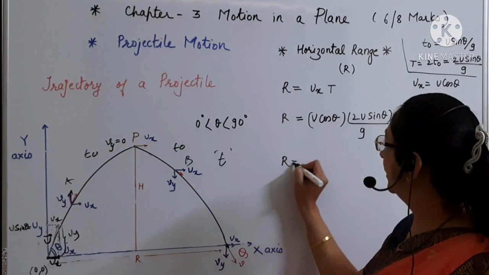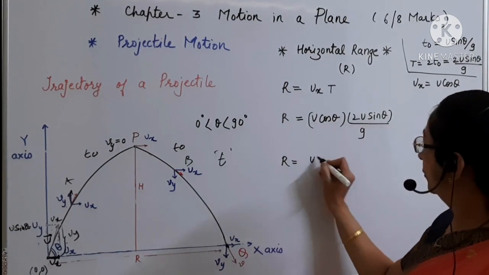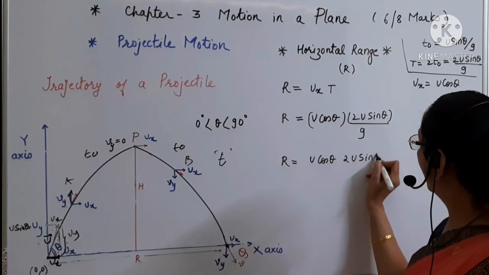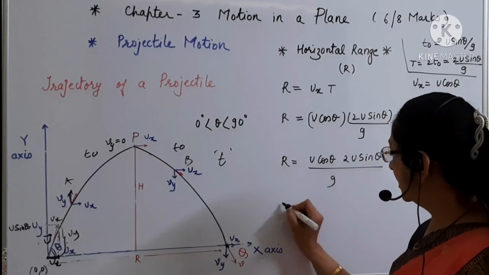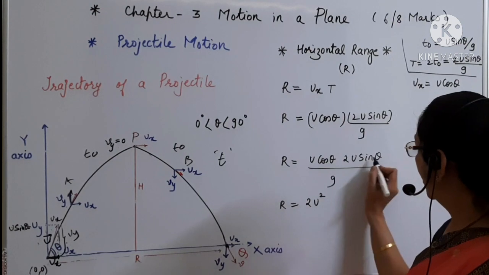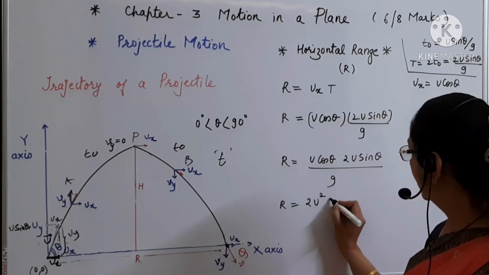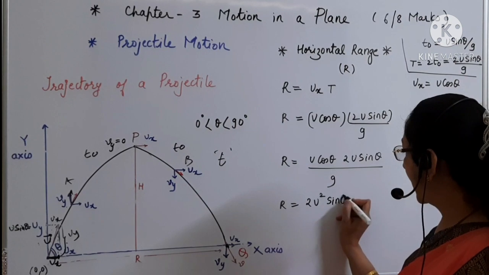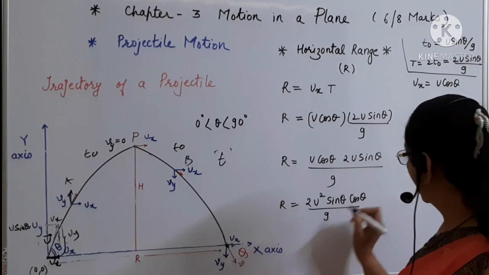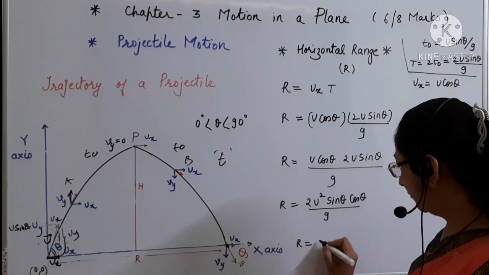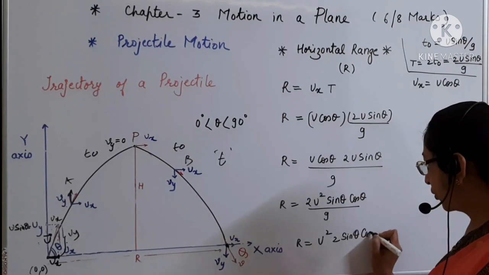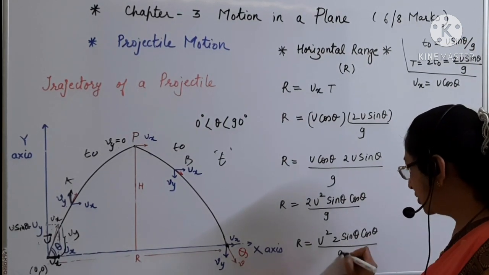So R is equal to u cos theta into 2u sin theta upon g. So R is equal to 2u square sin theta cos theta upon g. So we rearrange: R is equal to u square, 2 sin theta cos theta, upon g.